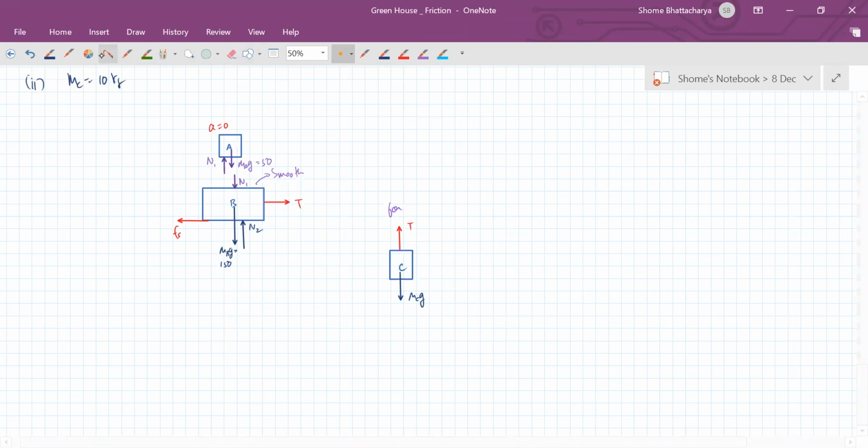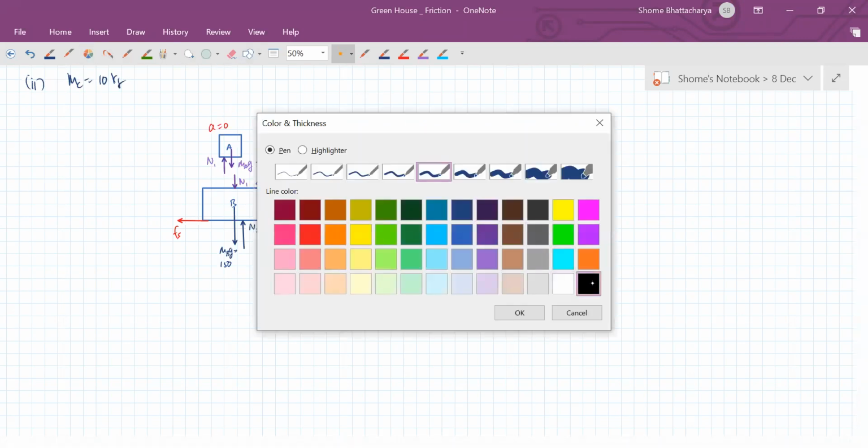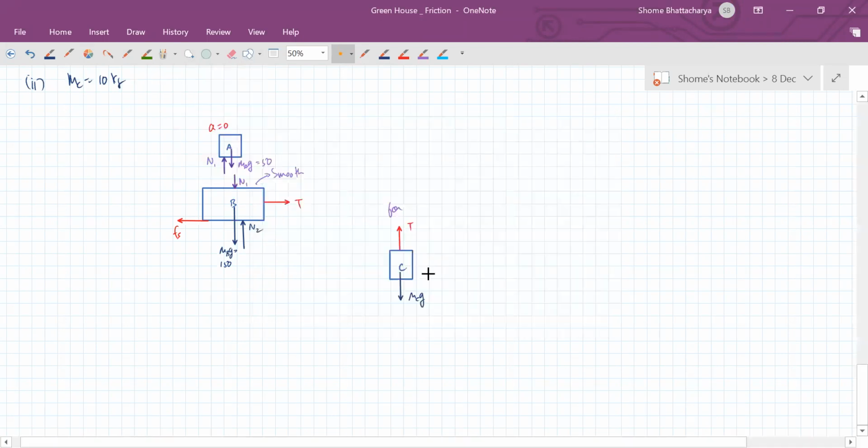You can see at the moment when you just release the system from rest, A is sitting on top of B and B does not put any friction on A because that surface is smooth. So it doesn't apply any friction on A. So A does not move. So acceleration of A will be 0.